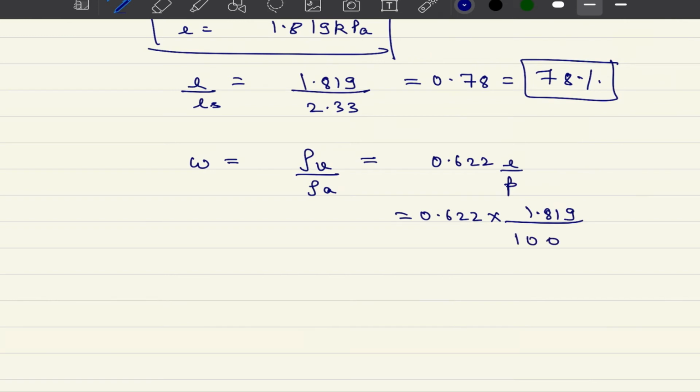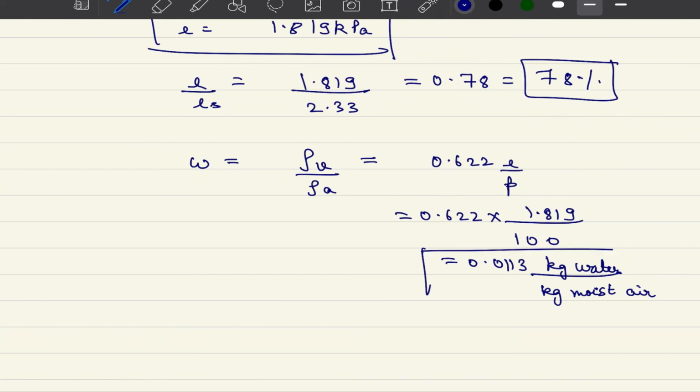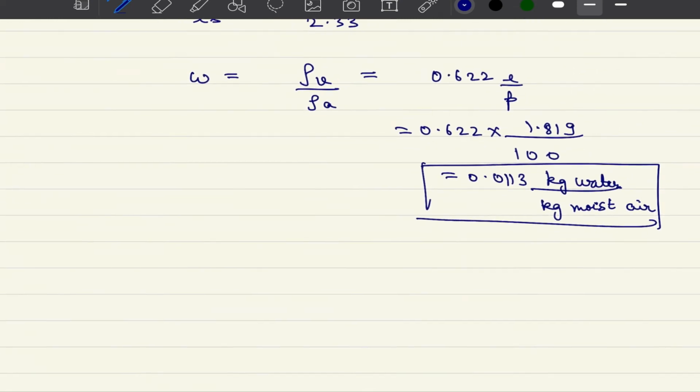Atmospheric pressure is 100 kilopascal, and this number comes out to be 0.0113 kg of water per kg of moist air. You see that the magnitude of this number is so small, and hence we say that the specific gas constant of dry air and the specific gas constant of wet air would not differ significantly.